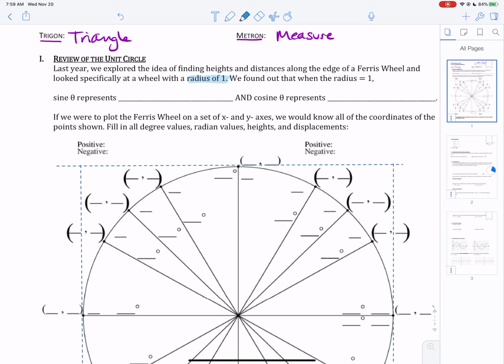And when we found out when you had this special circumstance with a radius of 1, then we could specifically refer to the sine of the angle as representing height, and cosine of the angle representing horizontal displacement.